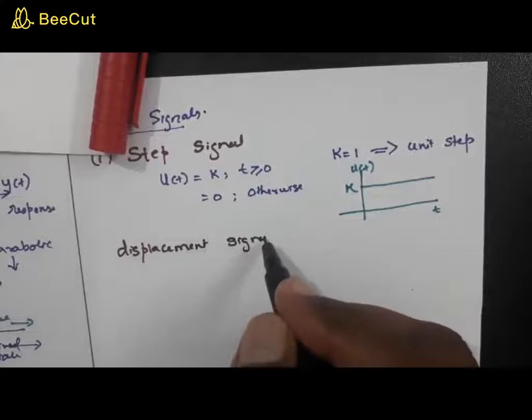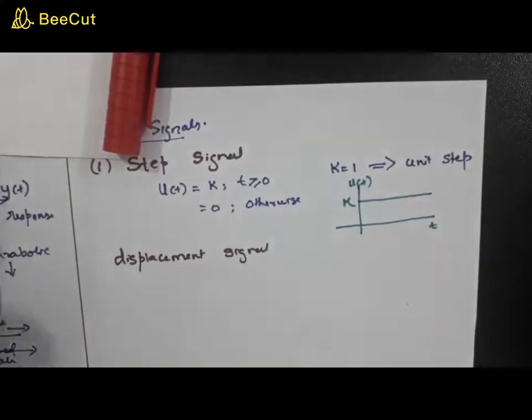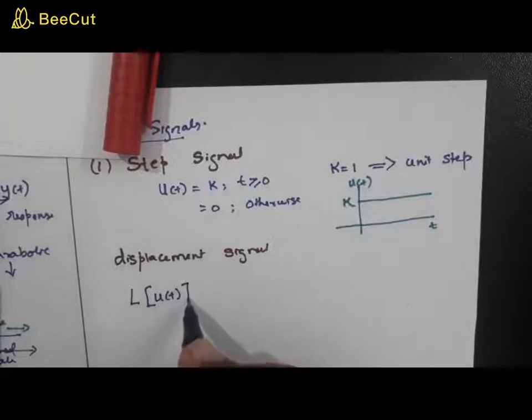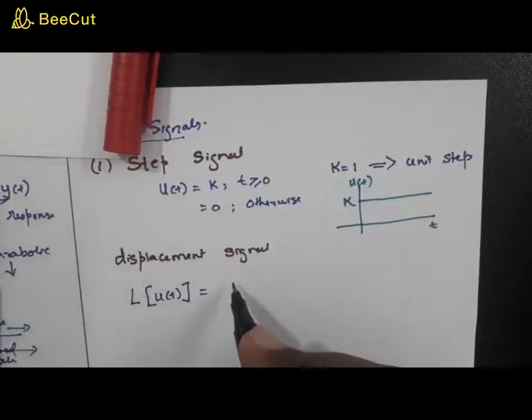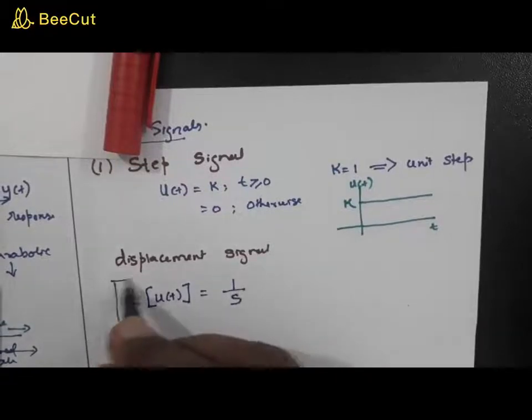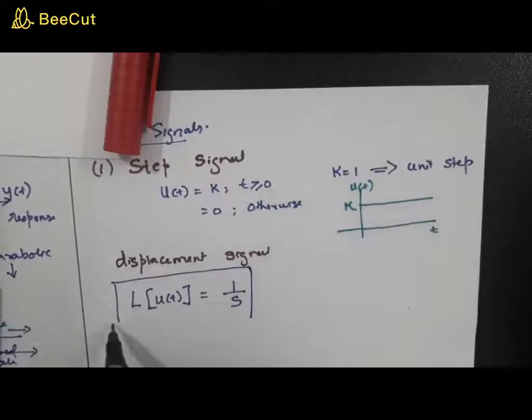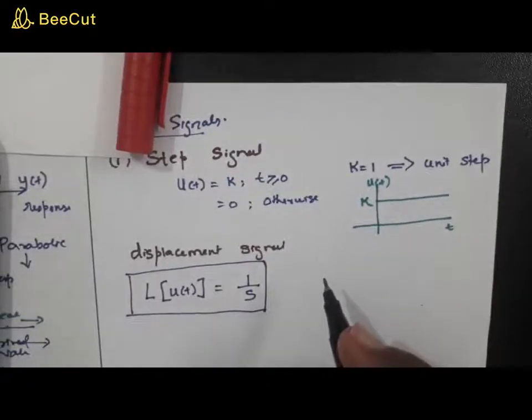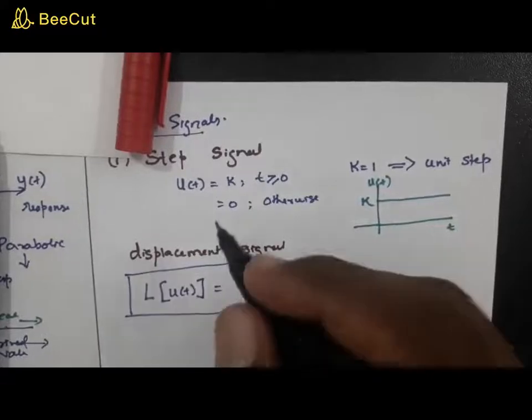One more point to be noted is its Laplace transform. When you take the Laplace transform of this function u of t, you are going to get 1 by s. So the Laplace transform of u of t is 1 by s. So it is also called the displacement input signal.